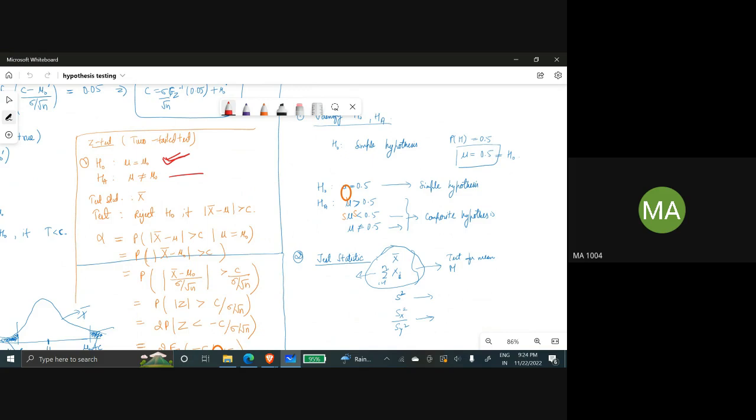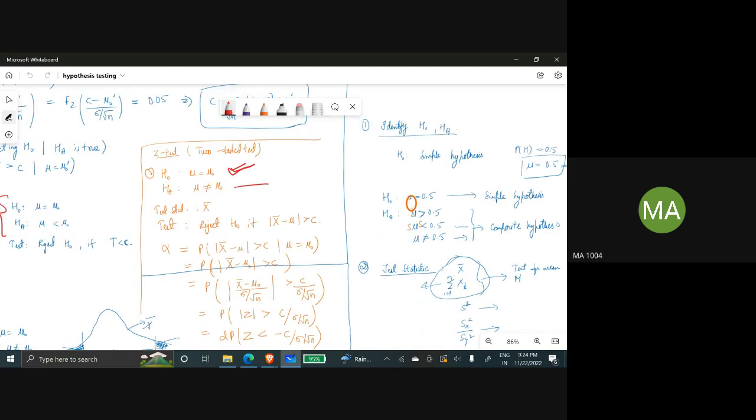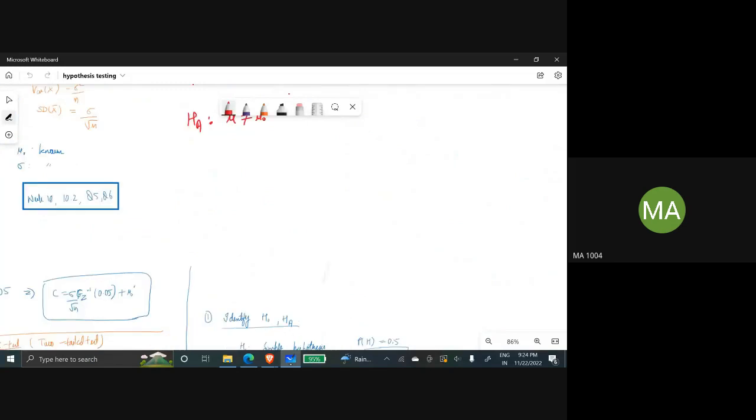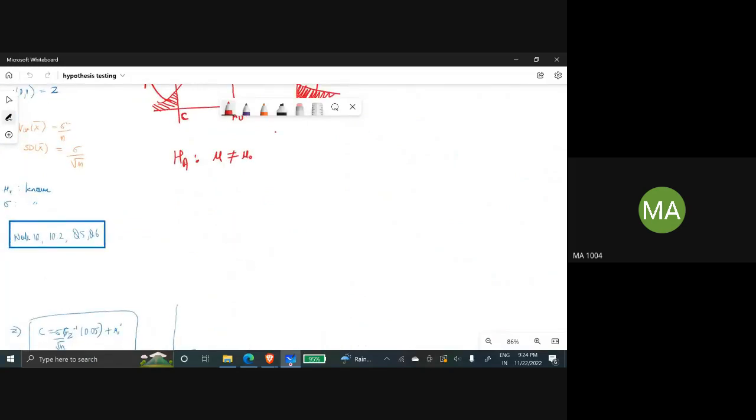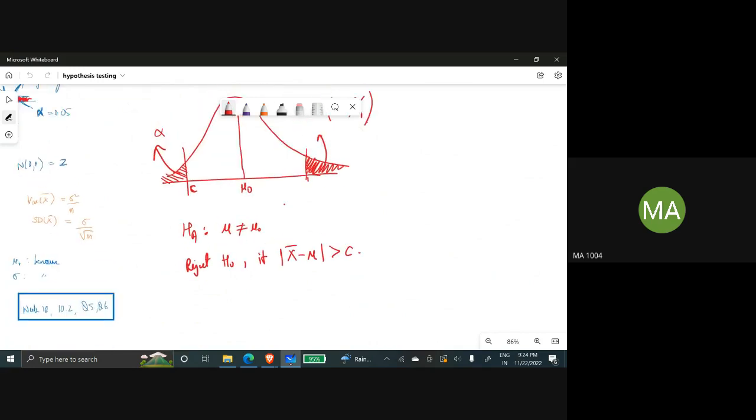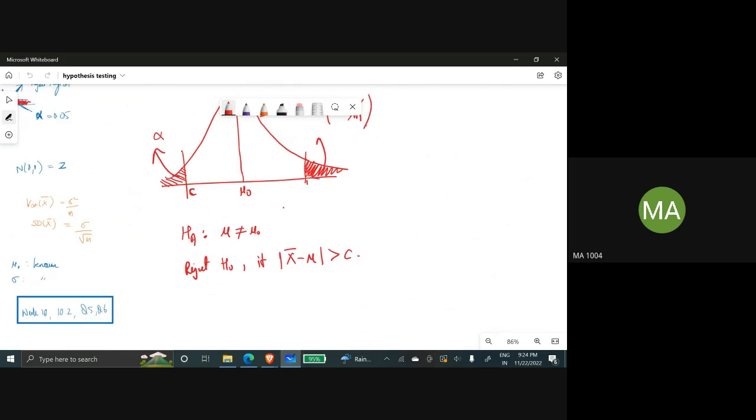And we are saying reject H naught if this x bar minus mu comes out to be greater than C. So reject H naught if mod of x bar minus mu is greater than C. So this region inside is the acceptance region.